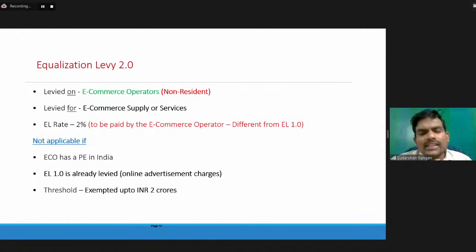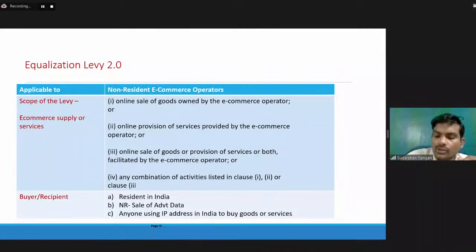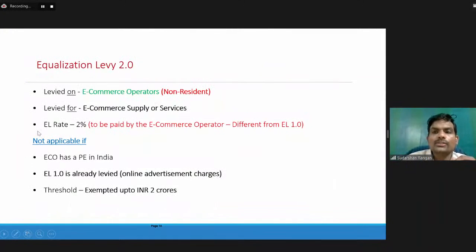So for non-resident e-commerce operators who do e-commerce supply or services, again, watch out, non-resident e-commerce operators who are engaged in e-commerce supply or services. So we'll see who an e-commerce operator is. I've already given a hint. Who owns an online facility, he should be a non-resident.